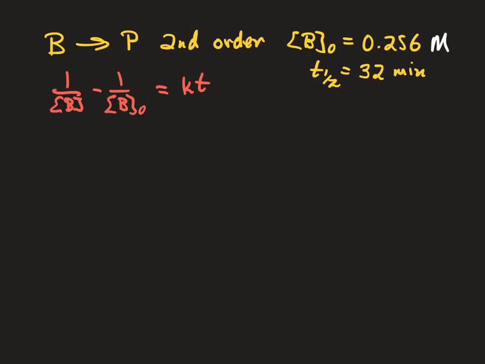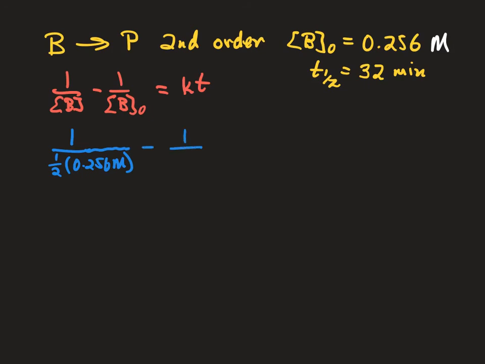Okay, so if we substitute in our concentrations, our final concentration of B is going to be 1/2 of our 0.256 molar.